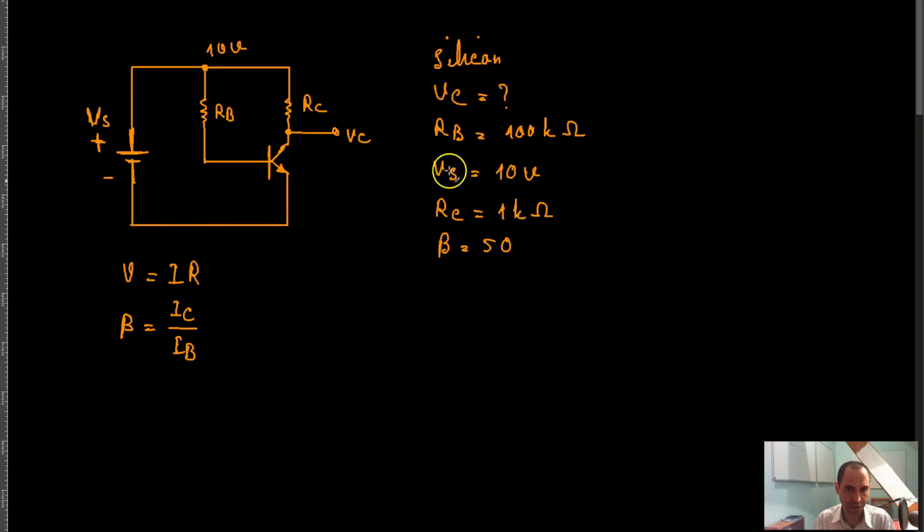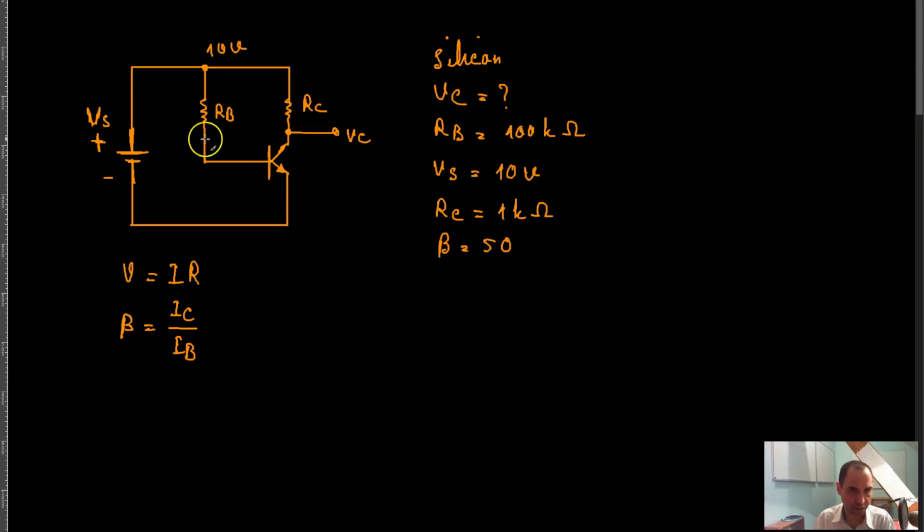Now, since my power supply voltage is 10 volts, we have agreed before that when the power supply is at least 10 volts, then we are going to simply ignore the 0.7 volt voltage drop across the PN junction of the transistor.